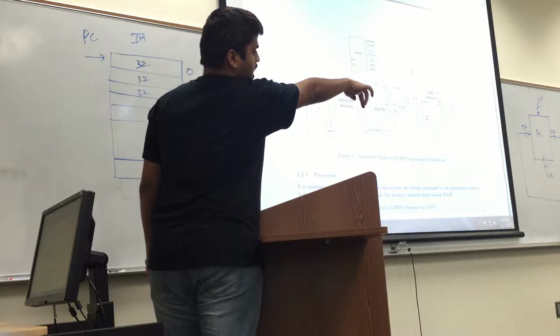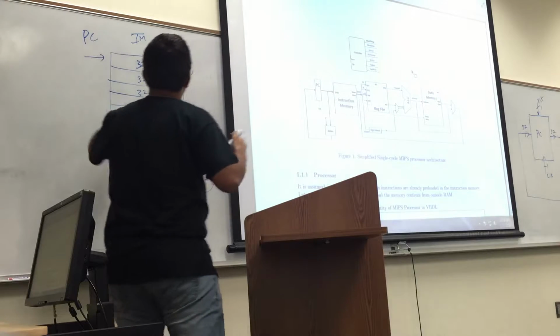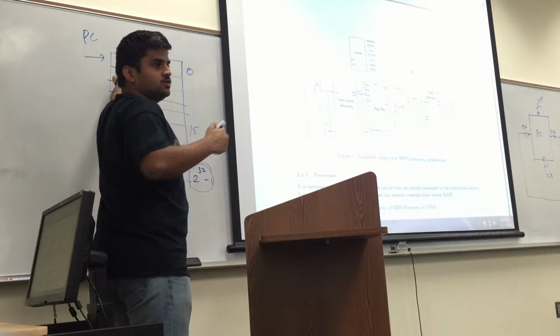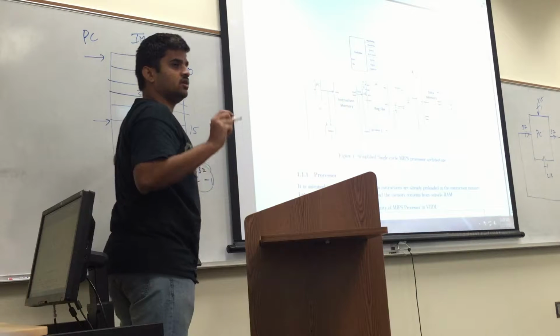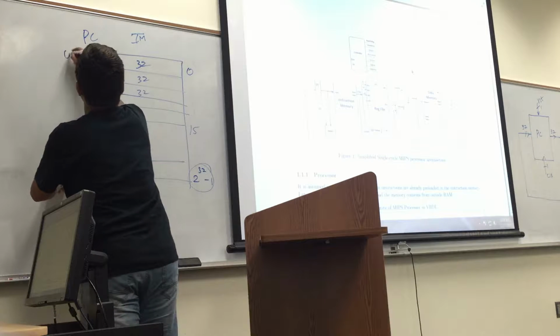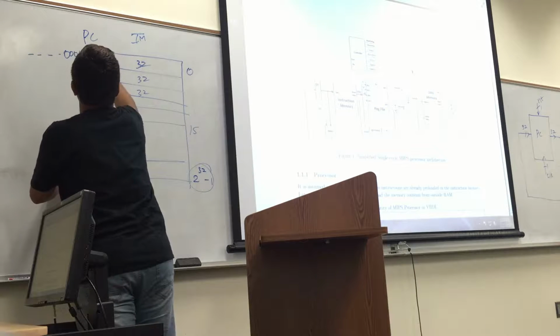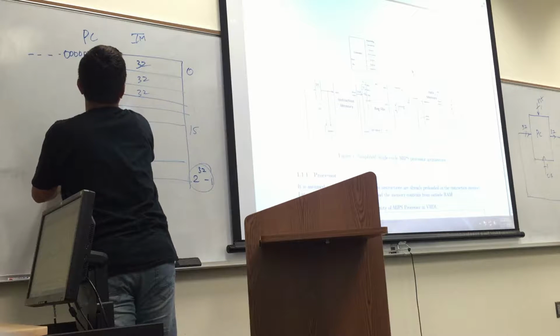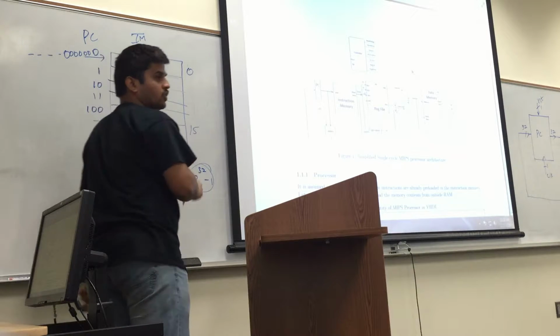That 0 goes into the adder and it gets incremented to 1. So next you will fetch this data. It keeps on incrementing and you fetch until this data. Initially it will be all zeros, then it will increment to 1, then 1 0, 1 1, 1 0 0, and goes on.